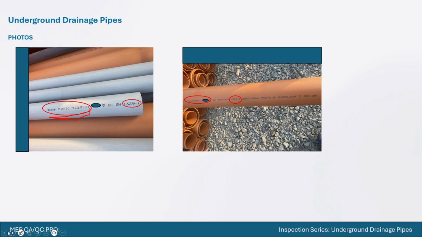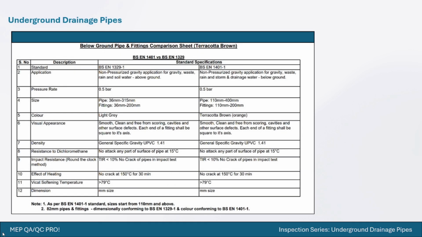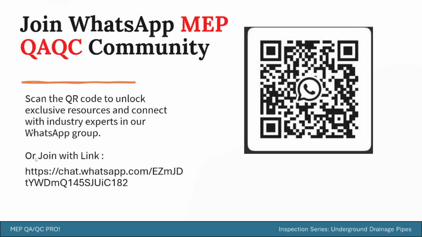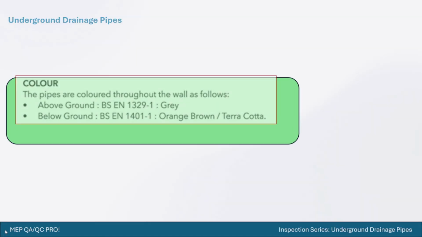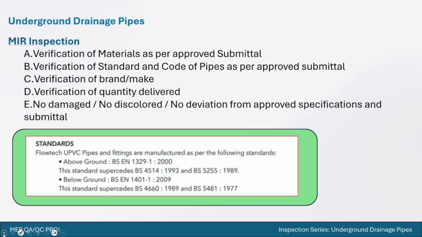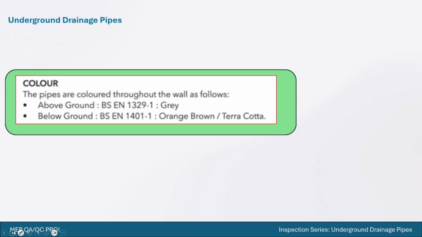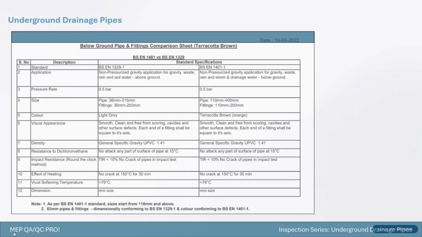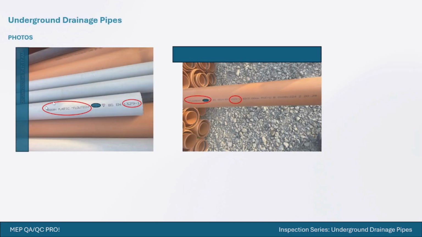As we saw in our last video, I will show you again: the Flowtech brand is there, and you will see pipe fittings are manufactured by them. So coming back to the topic, the Flowtech brand is already there, so the brand is correct.